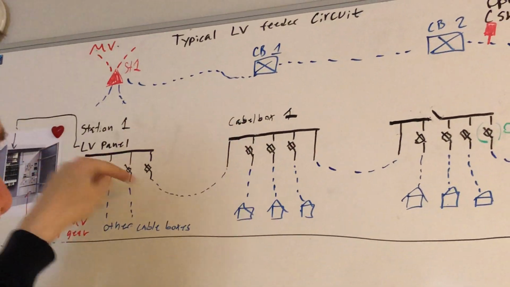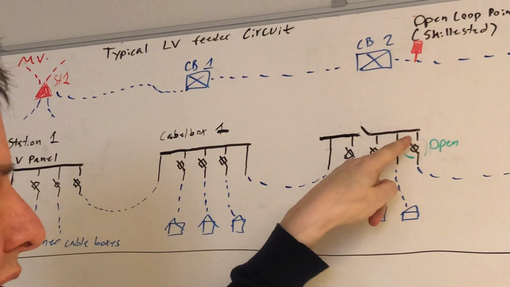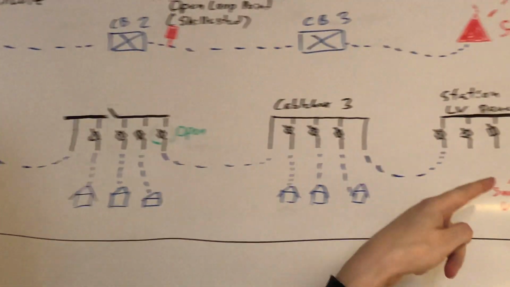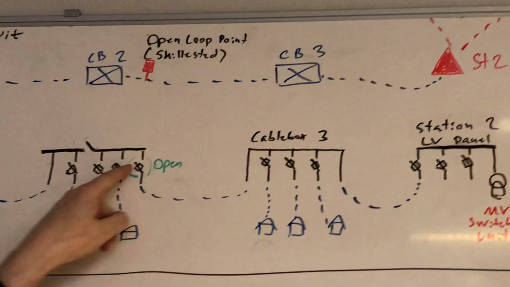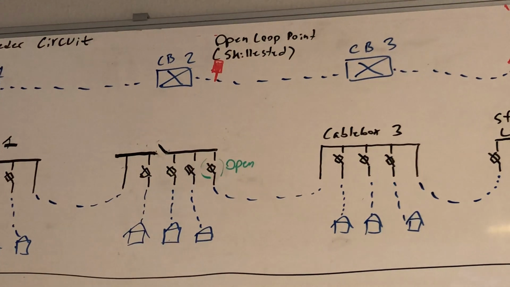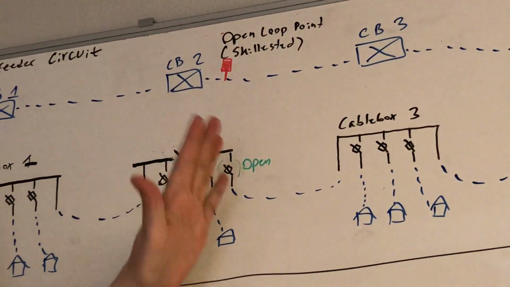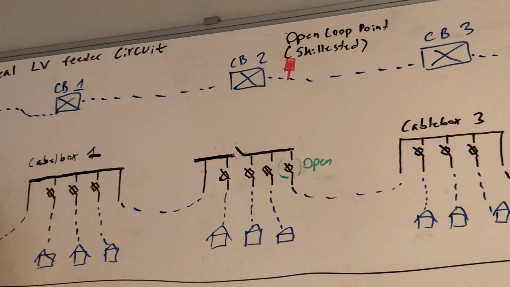Because the power will go like so and stop here. And these here will get fed from this substation, right? So this is the way they sectionalize the feeder or the circuit.